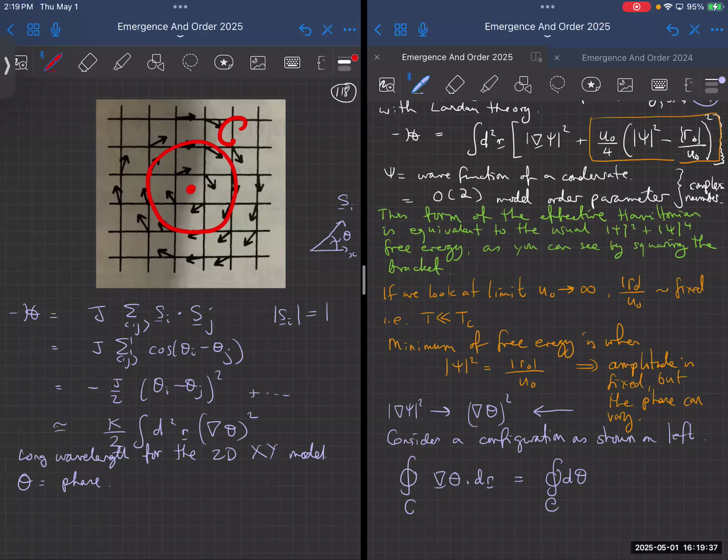And as you can see, as I go around this curve, theta changes by a factor of 2 pi. So in this configuration, it's equal to 2 pi. You can imagine other configurations where as I go round the curve, the phase goes round by 4 pi or by 6 pi.